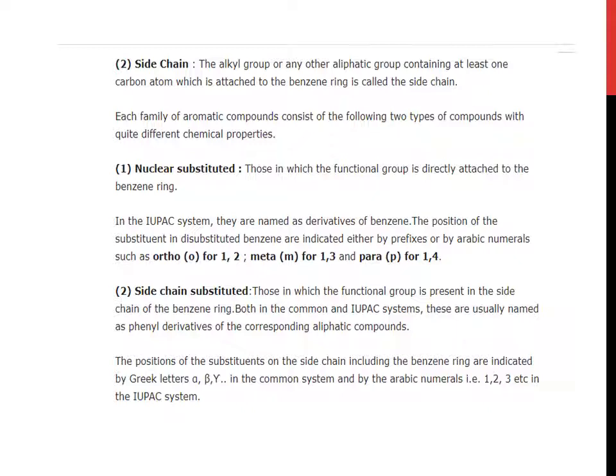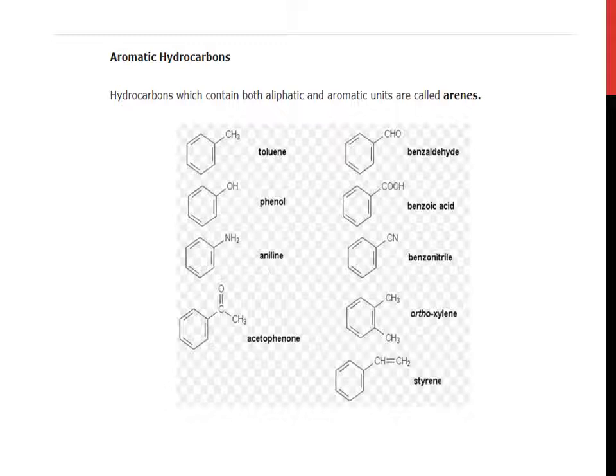The positions of the substituents on the side chain, including the benzene ring, are indicated by Greek letters alpha, beta, gamma in the common system and by the Arabic numerals 1, 2, 3, etc. in the IUPAC system.